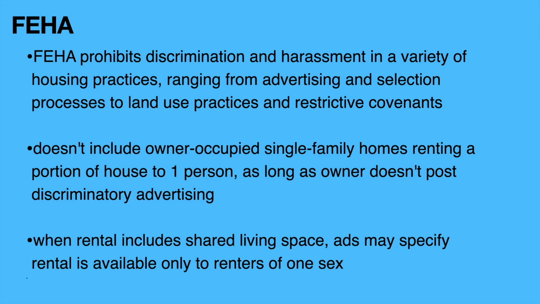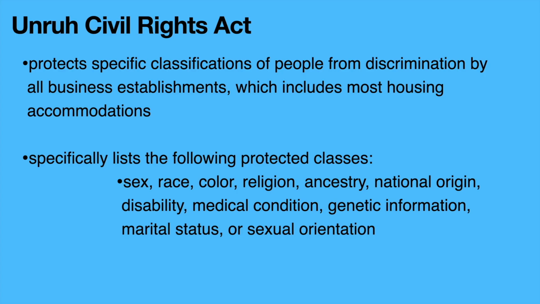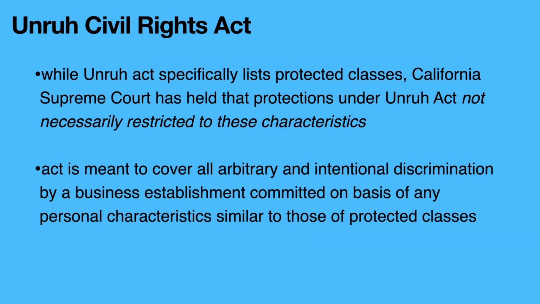The Unruh Civil Rights Act protects specific classifications of people from discrimination by all business establishments, which includes most housing accommodations. While the Unruh Civil Rights Act specifically lists sex, race, color, religion, ancestry, national origin, disability, medical condition, genetic information, marital status, or sexual orientation as protected classes, the California Supreme Court has held that protections under the Unruh Act are not necessarily restricted to these characteristics.